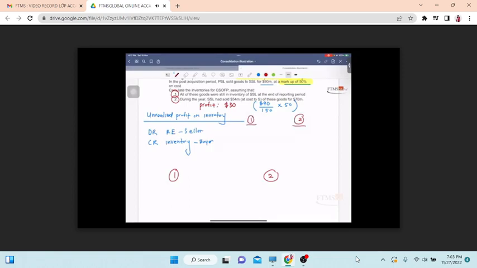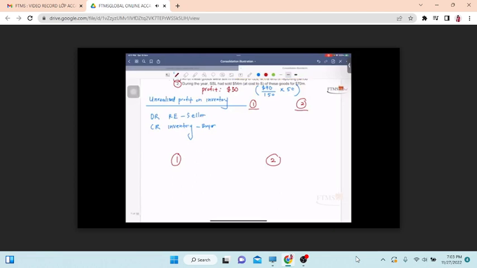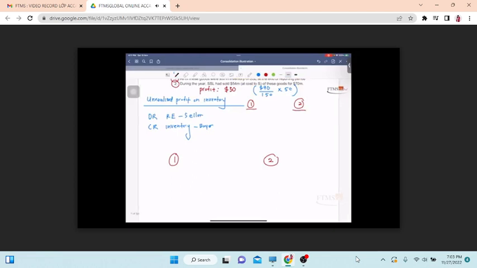Okay, so let's do the first scenario first. To calculate unrealized profit on inventory, you will need 3 lines. The first one is profit. The second line is percentage unsold. Then the last line is the answer, called unrealized profit.